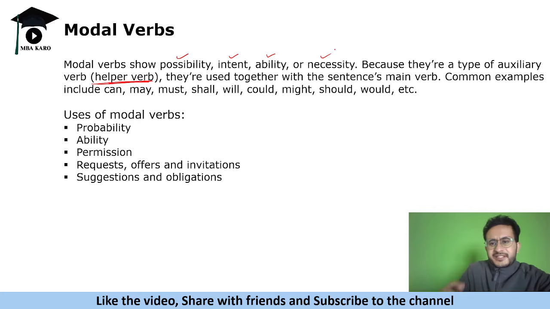Examples are can, may, must, shall, will, could, might, should, would, etc. So I will discuss where these are used. They are used to show probability, ability, permission, request, offers, invitations, suggestions, and obligations. So different uses. Let us look at each of these uses individually.